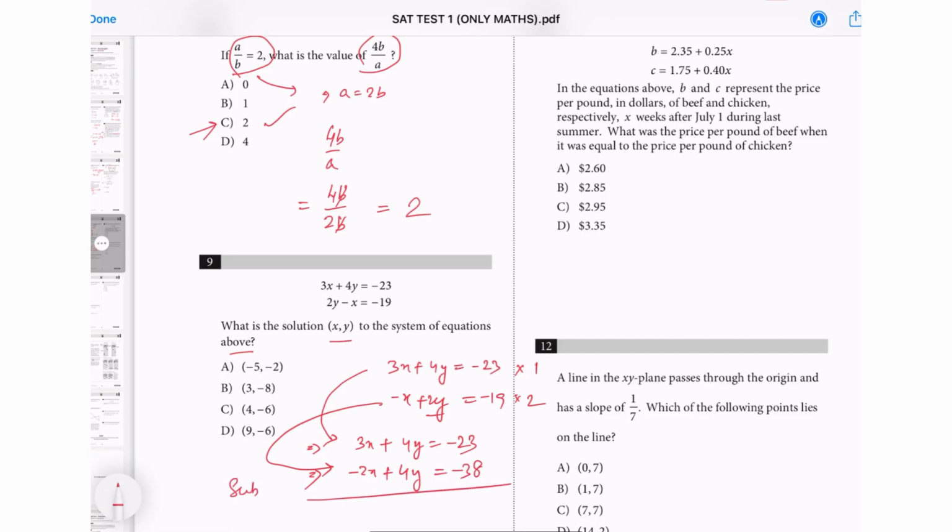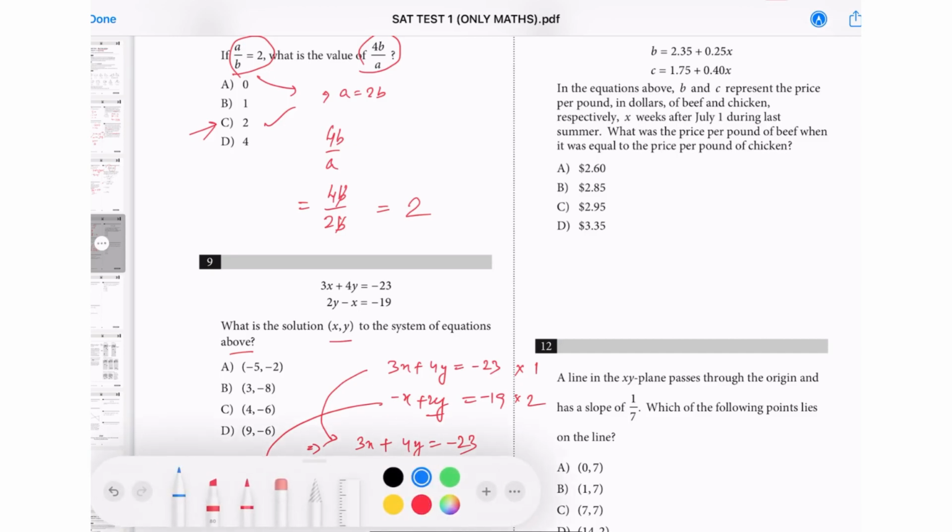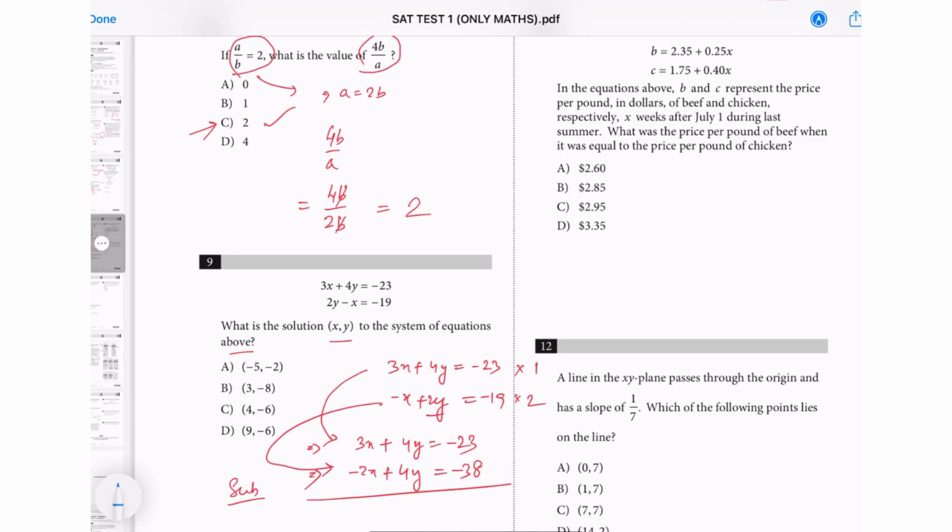On subtracting, the sign of the second equation changes. This becomes positive, negative, positive. Now 4y minus 4y will cancel out. 3x plus 2x will be 5x, and this is equal to 38 minus 23, which is 15. It simply implies x equals 3.